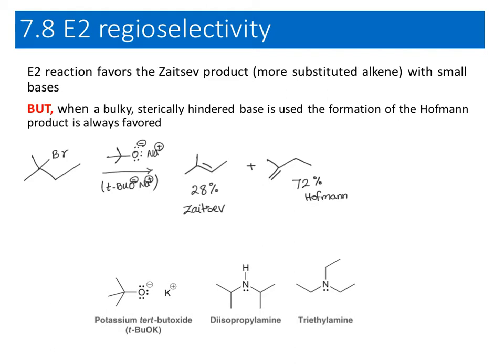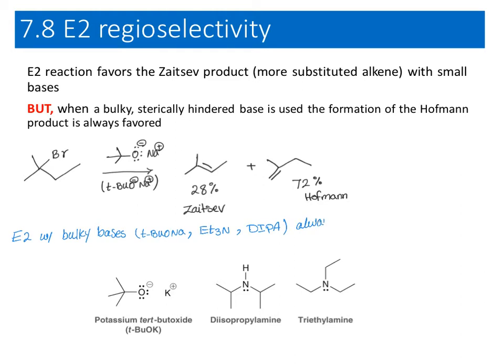Now let's make a note of that. E2 mechanism with bulky bases such as tertiary butoxide, triethylamine, or diisopropylamine. These are different ways of writing these three bulky bases.